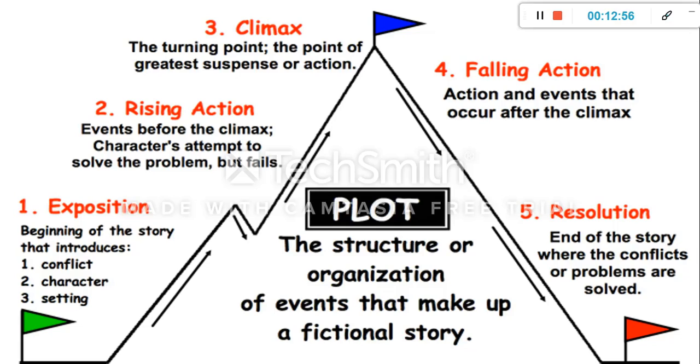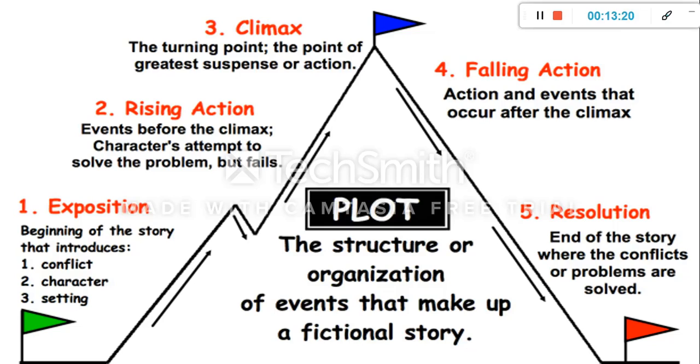What we have in the middle is the climax, which is the highest point or the turning point, the point of the greatest suspense or action. Generally speaking, we can say that the plot can be divided into 2 different sides, separated by the climax.